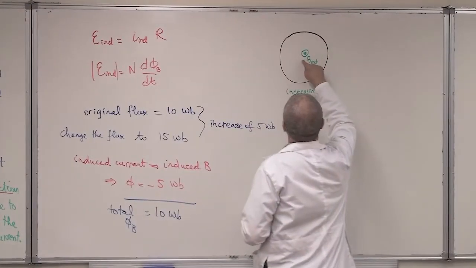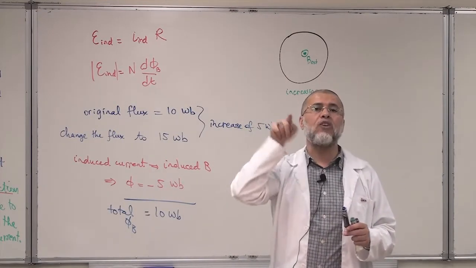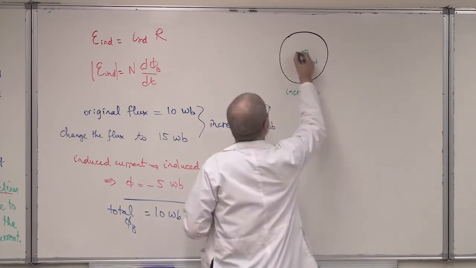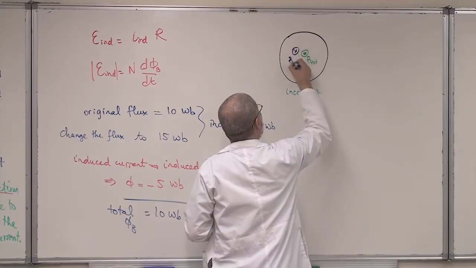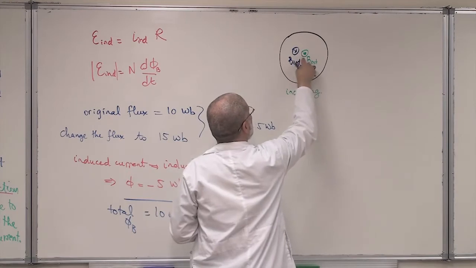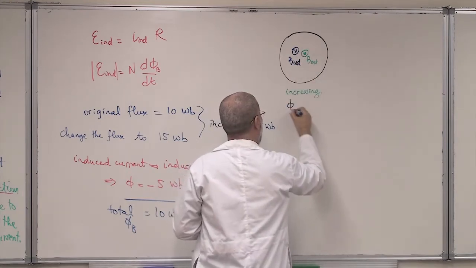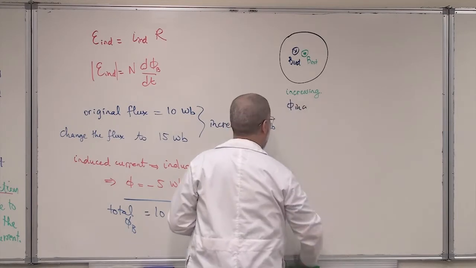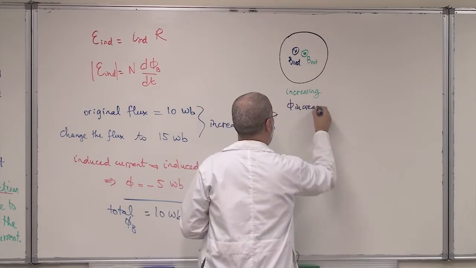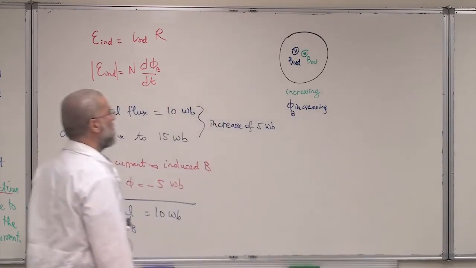Since this is increasing, my induced magnetic field will be in the opposite direction, going inside. So this is B induced. Why? Because it has to oppose the increase in the flux. The magnetic flux phi B is increasing.